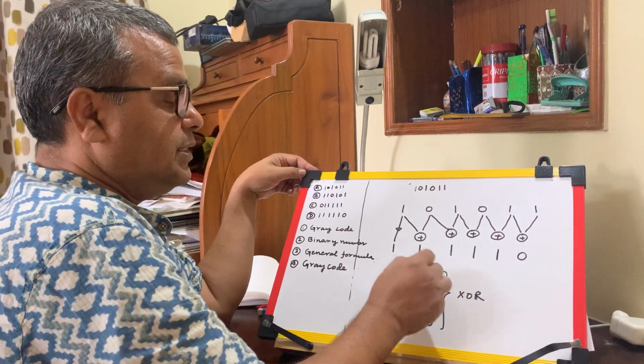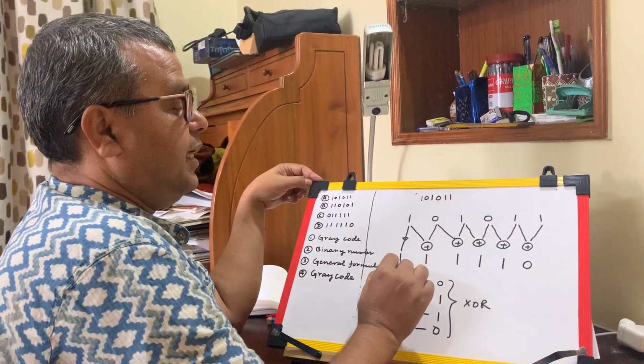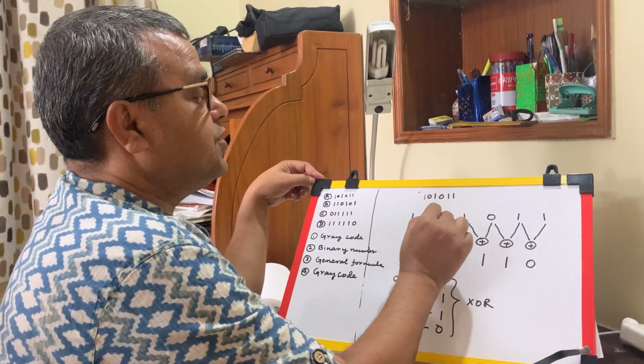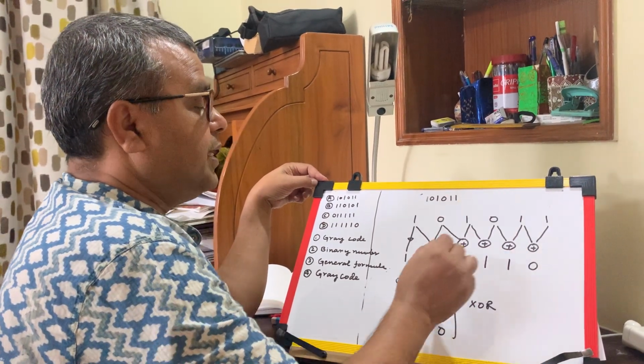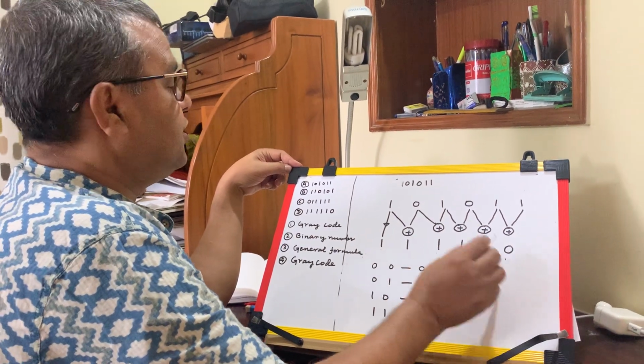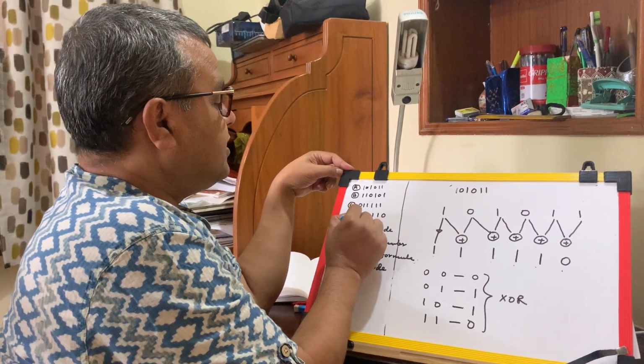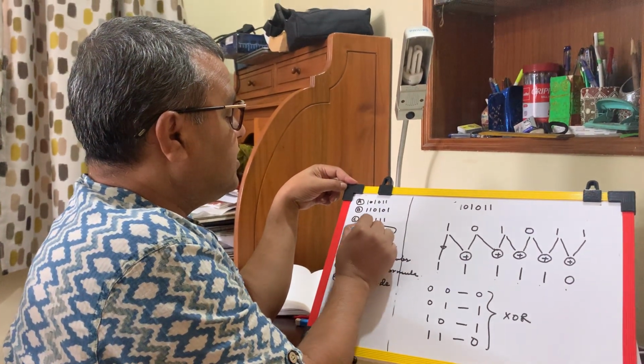So this table has been used here, and if the input is 101011 as the binary, the gray code would be 111110. So if you look at the options for the answer, then D is the right one.